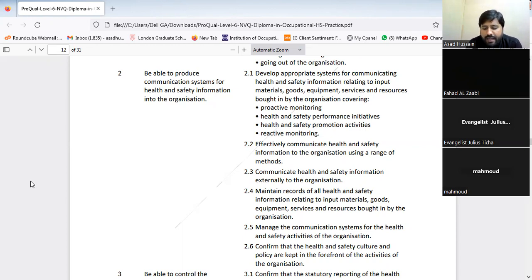You have to explain that, and then you can give the evidence of training sessions. You can say that whenever we have an induction training session, first of all, the information we provide to our workers is about the health and safety policy and the health and safety culture we have in our organization.